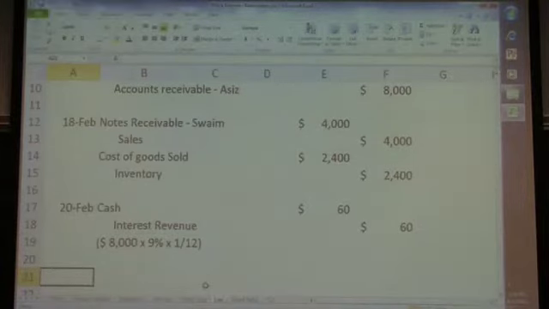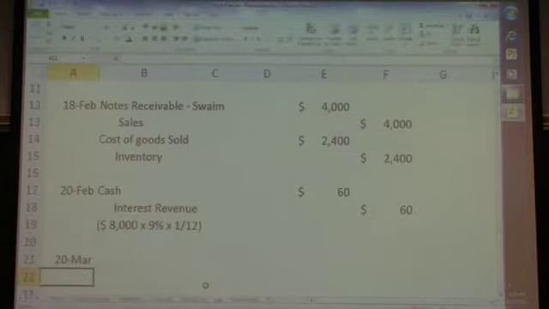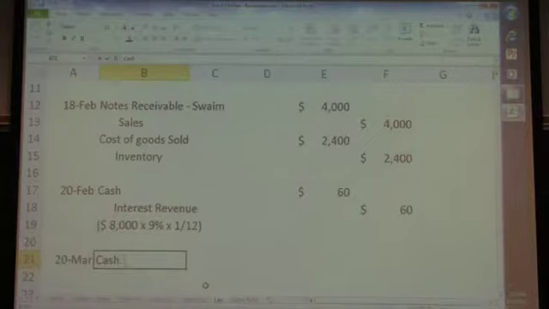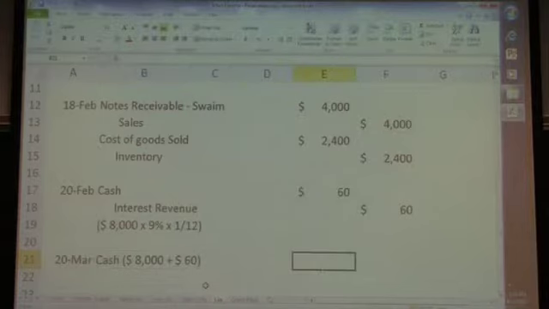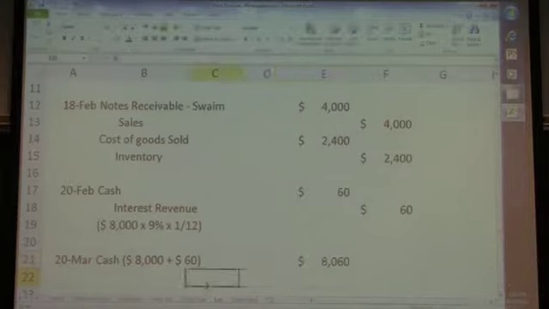On March 20th, they will receive cash, which consists of the note of $8,000 plus the 1 month of interest of $60.